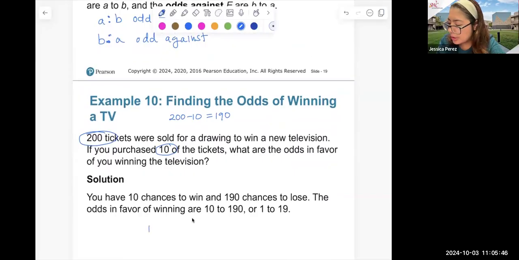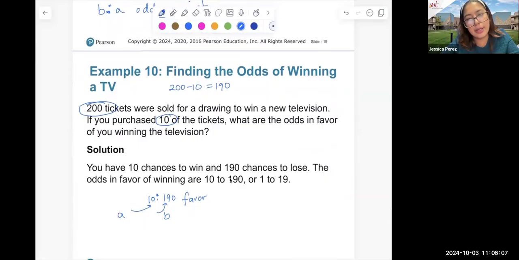So there are 10 out of 190 choices in favor. This is A, this is B, because you're subtracting the number in favor from the total number of values. So you have 10 chances to win and 190 chances to lose.